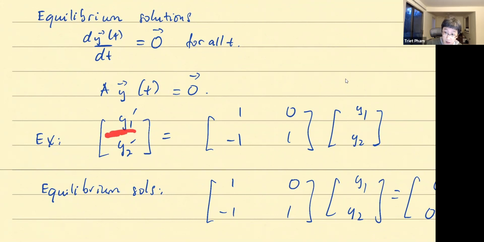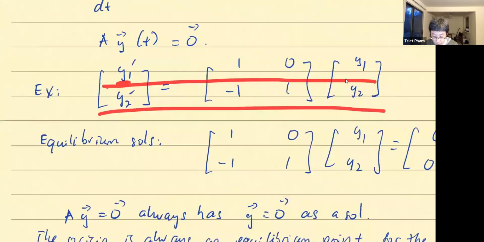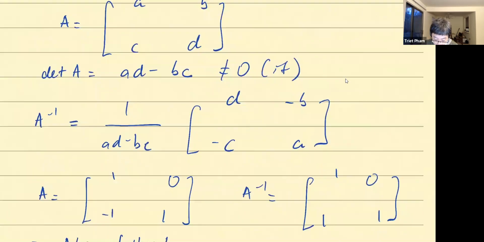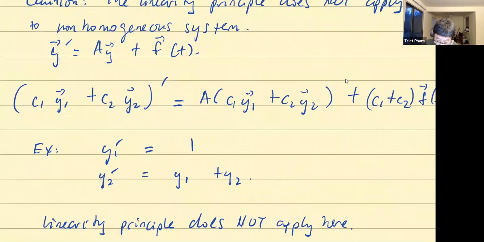This is a scalar y1. So this y1 is different from the y1 vector that I wrote. That's why I recognize that I might be confusing you. When I write this, it means the first row of the solution. This is the second row of the solution. When I write this, it is the first column of the solution. This is the second column of the solution.